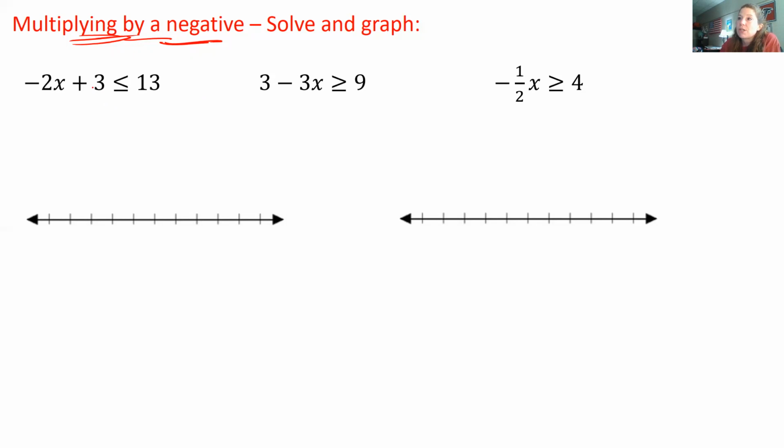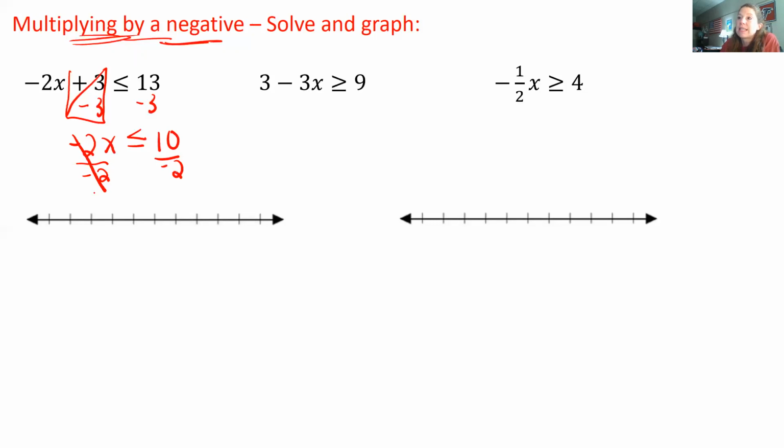So first thing we're going to do is cancel out +3 by subtracting 3. So we're going to get rid of this. We're going to bring down -2x. We bring down our inequality, and 13 minus 3 is 10. And now how do you get rid of times -2? You're going to divide by -2.